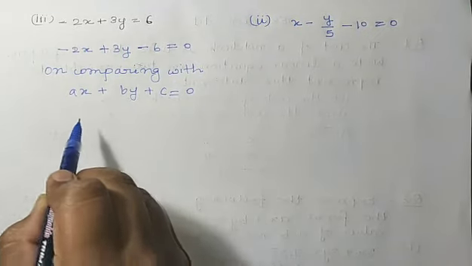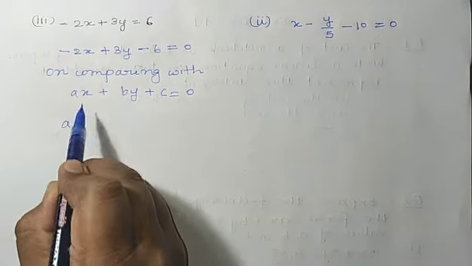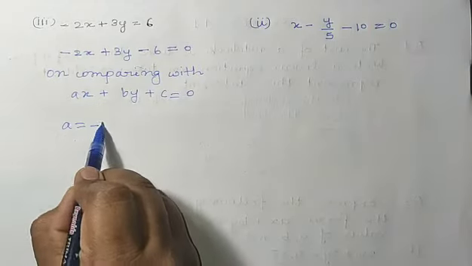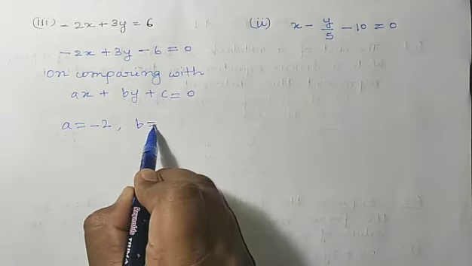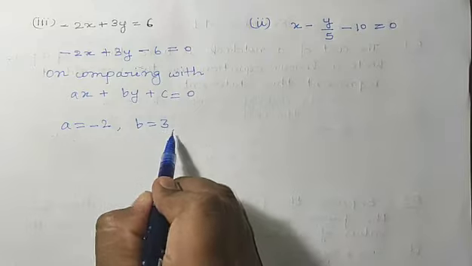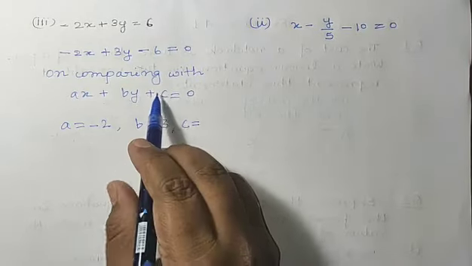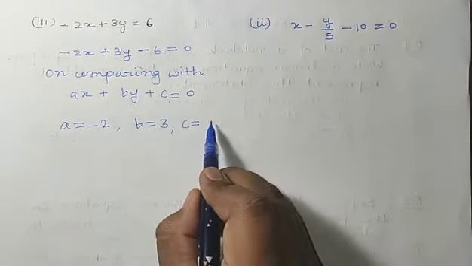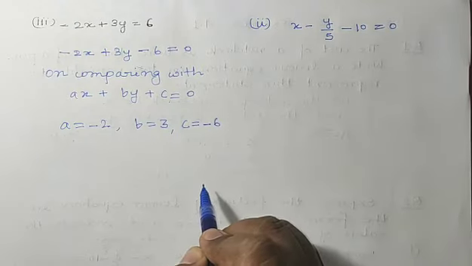So the value of a will be what? At the place of a, minus 2 is there. At the place of b, 3 is written there. And at the place of c, here it is plus c and here it is minus 6. So minus 6 will be there.